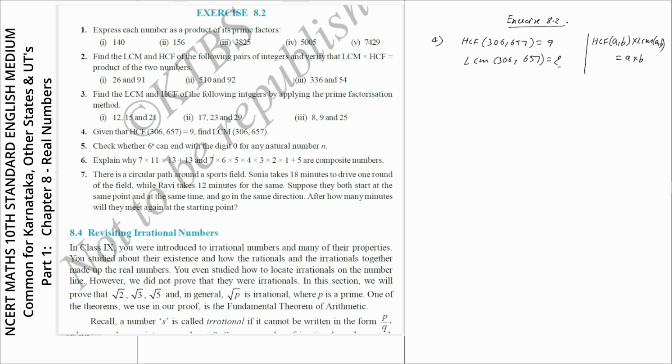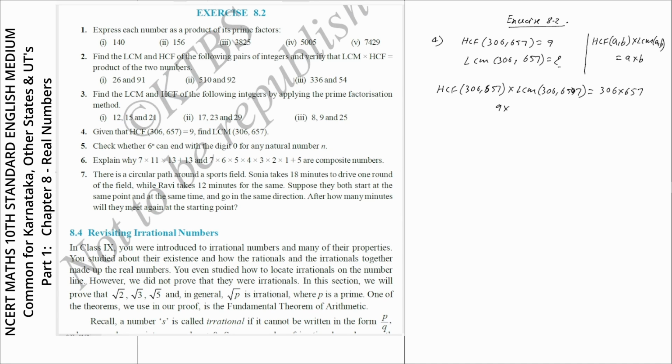Okay. Now HCF of 306, 657, into LCM of 306, 657 is equal to 306 into 657. Okay. Therefore now HCF is given as 9.